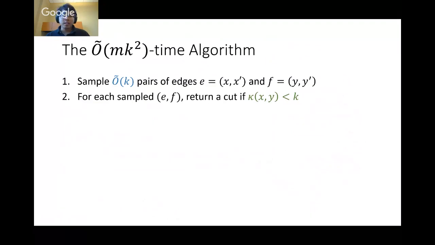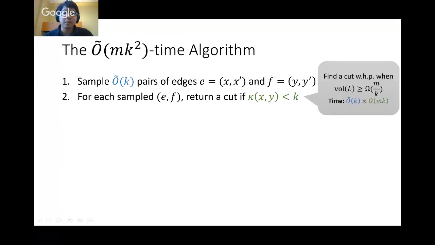There are two cases. To handle the case when the cut is quite balanced, we sample K pairs of edges and we check the connectivity between X and Y, the endpoints of the two edges. So this will detect a cut if the cut is balanced.